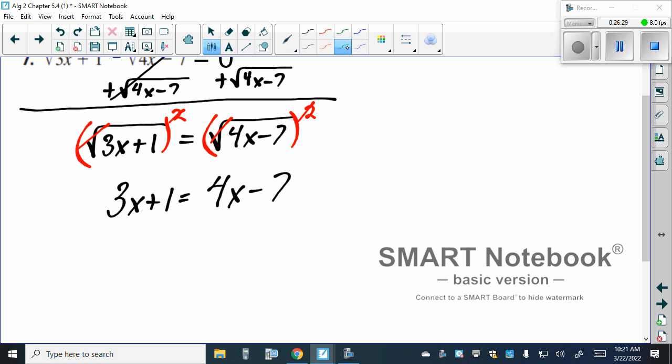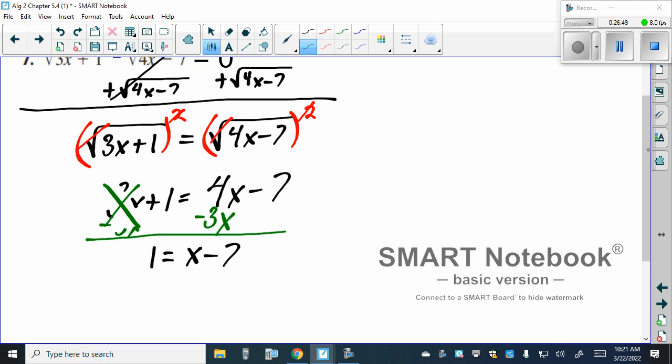And then we can do what? Subtract 3x, because at this point we're just solving for x. Subtract 3x from both sides. Those will cancel, telling us we have 1 is equal to x minus 7.